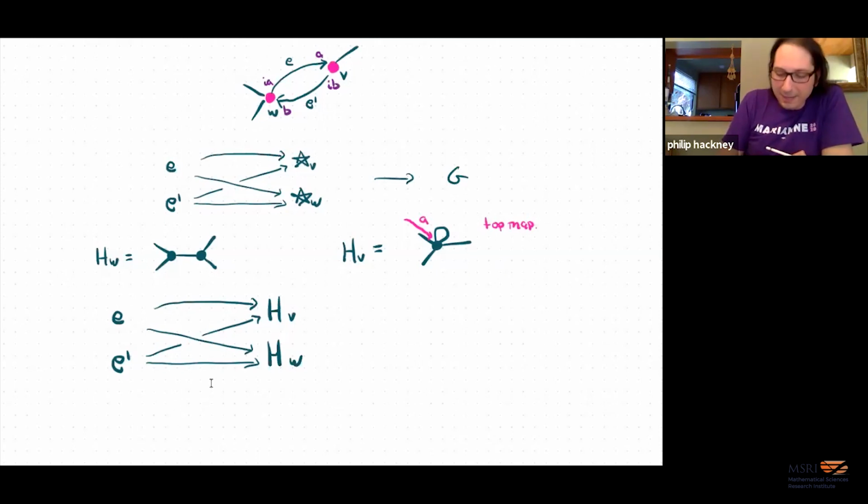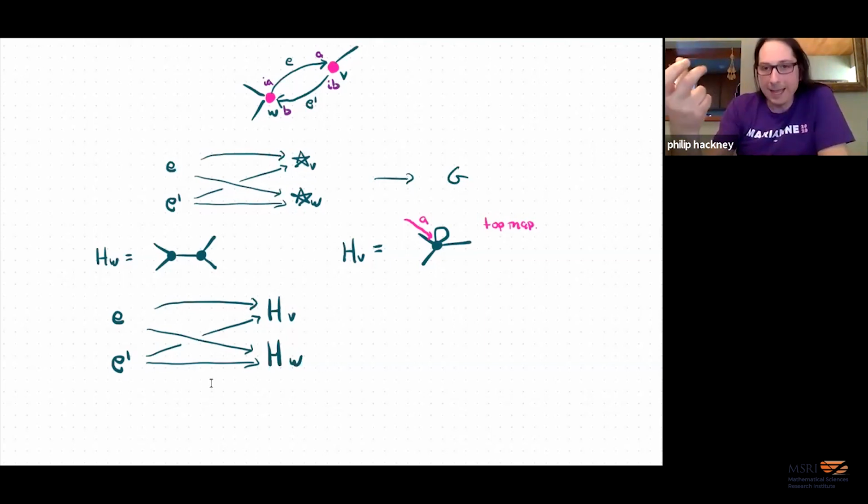So the top map takes what I'm describing what the top map does on E, and in HV it's going to map A to this edge that's pointing towards the vertex of HV, or alternatively it's mapping IA to the boundary component of HV, the boundary element of HV.